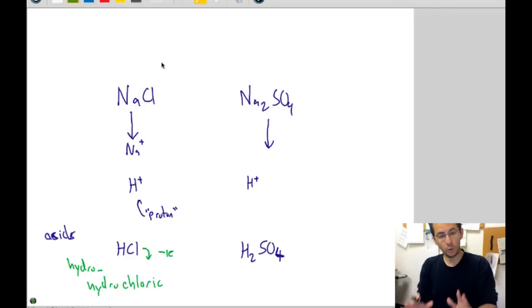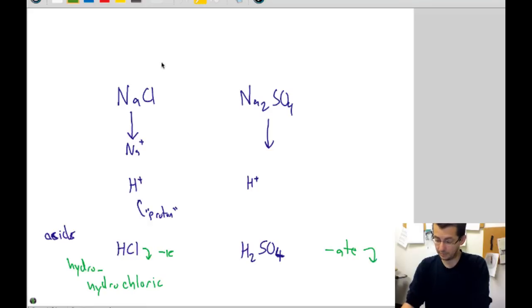That's only for the elements in their typical anionic form. For the polyoxo anions, the oxoanions, the naming is very similar. Anything that ends in ATE becomes an ic ending as well. So this is the sulfate ion.